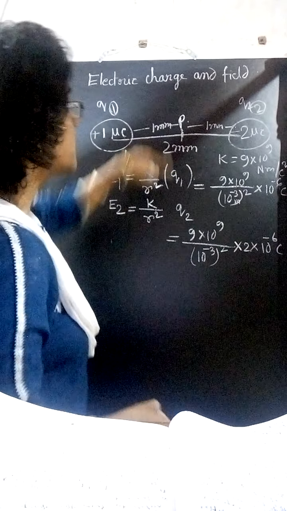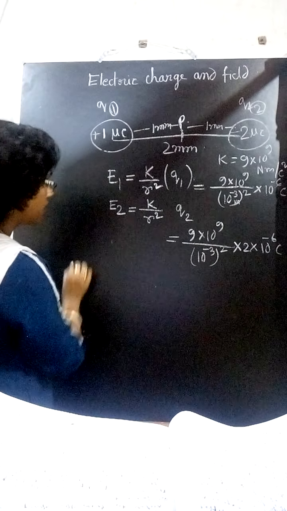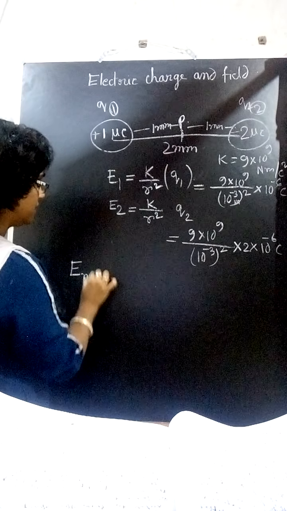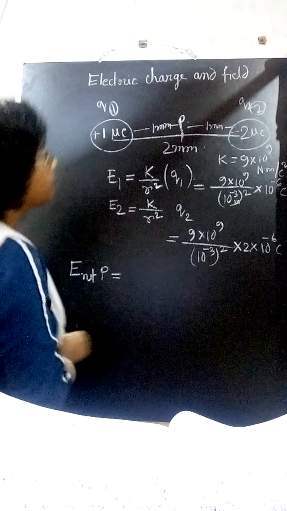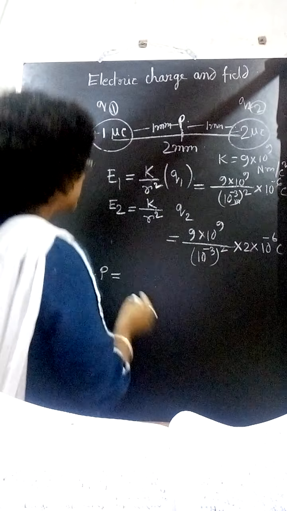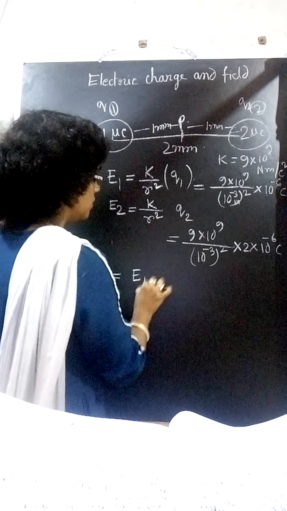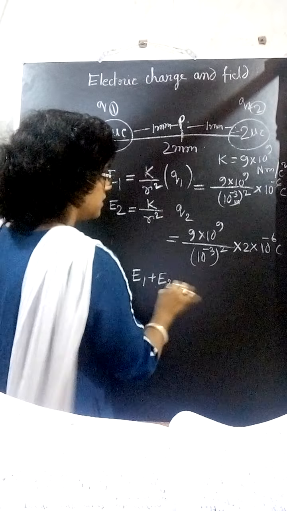So the net electric field at the point P is equal to E1 plus E2.